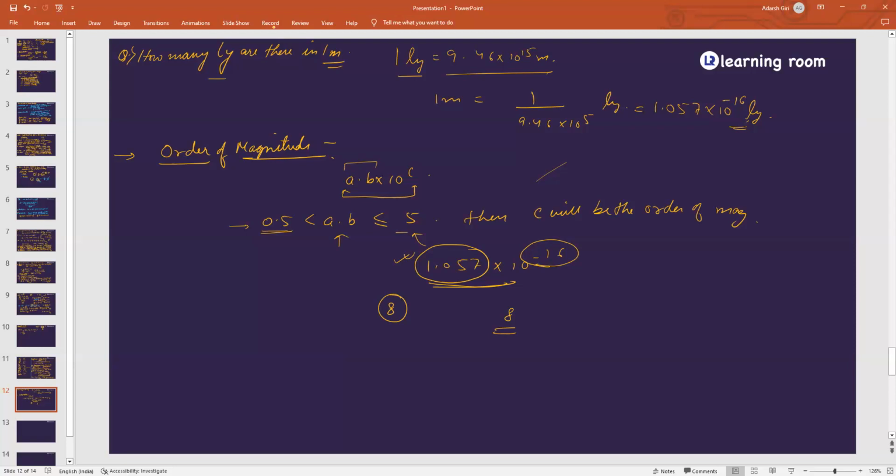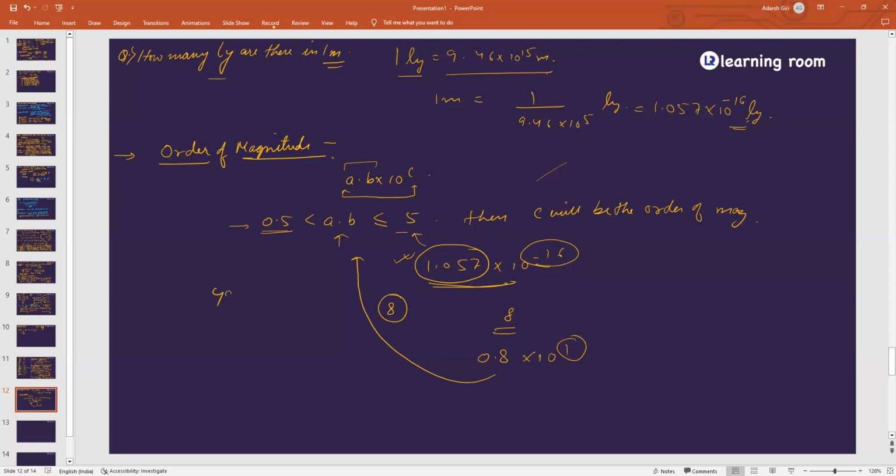Is 8 less than or equal to 5? No, sir. So we have to represent it like this. Can I write it in the form 0.8 into 10 raised to the power 1? Now, is this following the condition? Yes, sir. So the order of magnitude will be 1. Understood?